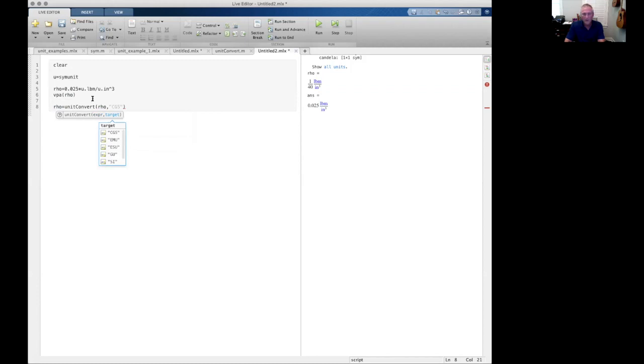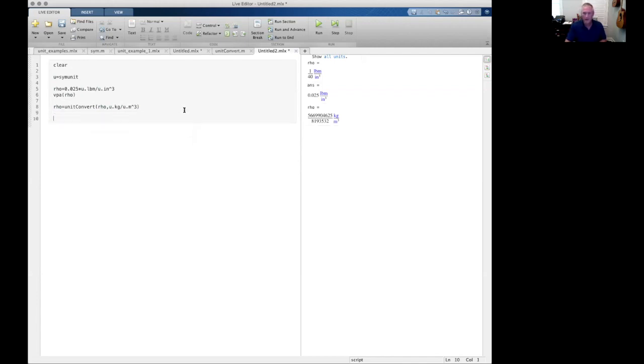And then we put in the units that we want. u dot kilogram divided by u dot m for meter cubed, right? And when I hit run, it should make that conversion for me. And it does, and it shows the irritating fractions that are harder to interpret.